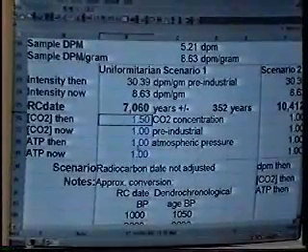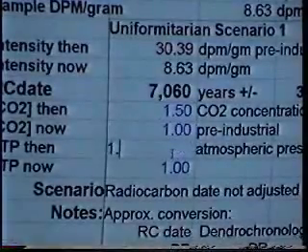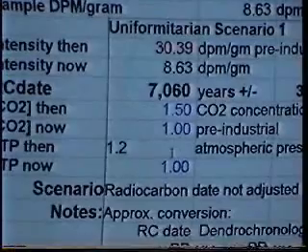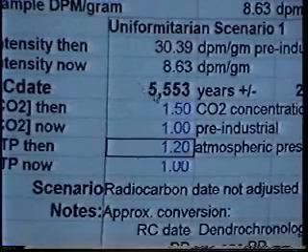If we take the biblical record and say that the Earth perhaps had 1.5 times the concentration of carbon dioxide before the flood, which allowed the dinosaurs to live and provided lush vegetation from pole to pole practically, and we also increase the atmospheric pressure by 1.2 times, then you can see we're down to a date for this sample that was 10,000 years, down to 5,553 years.